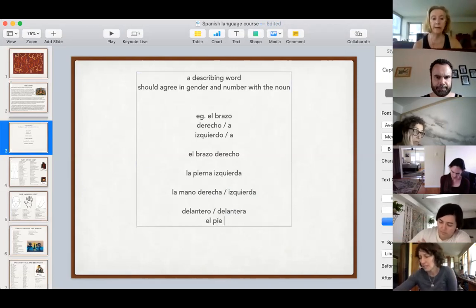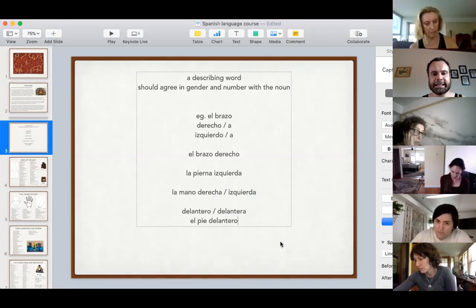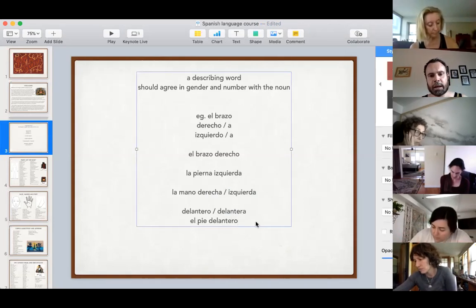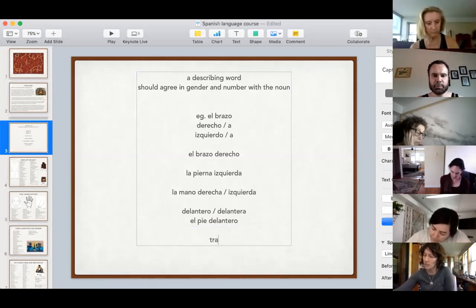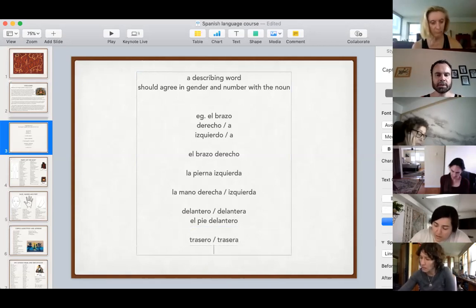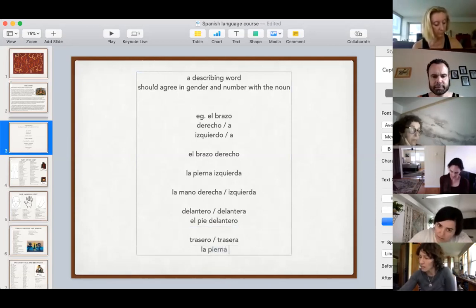El pie delantero. Yeah? And then we've got the word for back. The word for back is trasero and trasera. So, for example, talking about the back leg would be la pierna trasera.